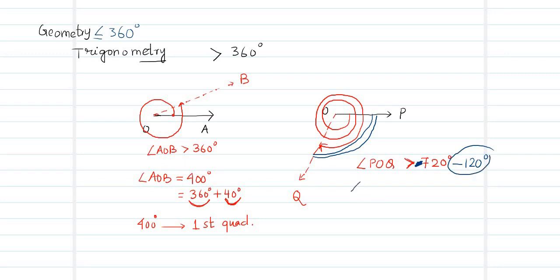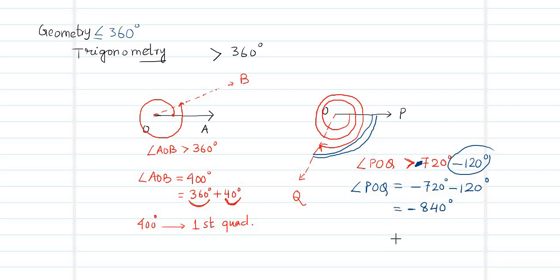So angle POQ is equal to minus 720 degree for 2 complete rotations plus 120 degree negative angle. That means the complete measure of this angle is 840 degree.